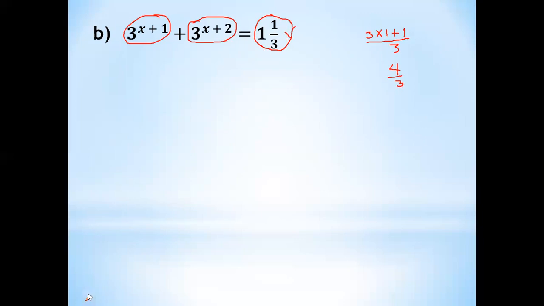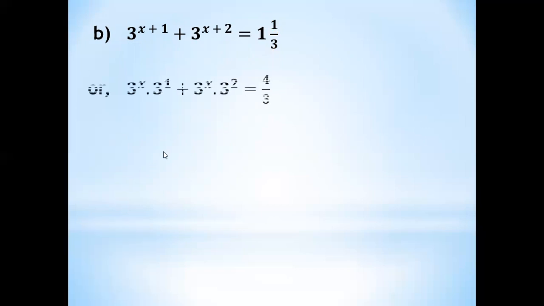Let me repeat it again, if you are a bit confused: the 3 and 1 will multiply, and after getting the multiplication value, this one will be added. So 3 ones are 3, 3 plus 1, 4. 4 by 3 is the improper fraction for the given mixed fraction.